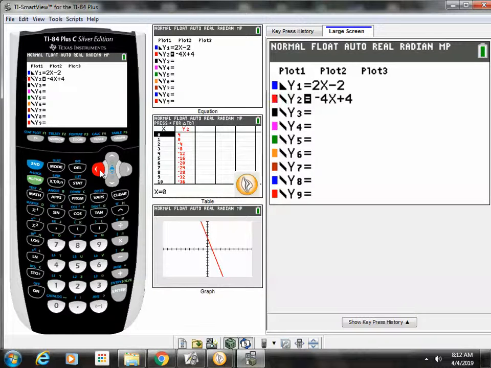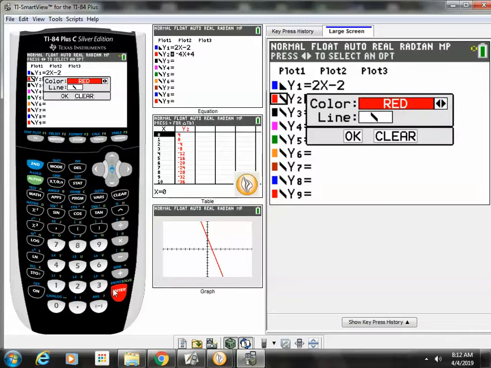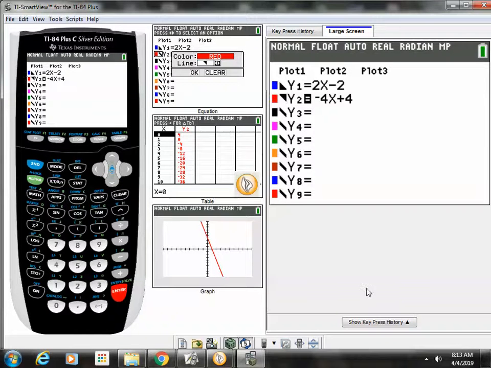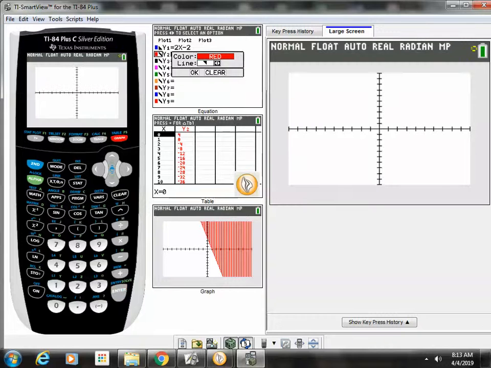Less than shades left, greater than shades right. For you guys, you should be able to hit enter and go to the next one. Keep hitting enter till you get the one you want. Go ahead and click graph. If you're having trouble, let me know and I can help you with it.